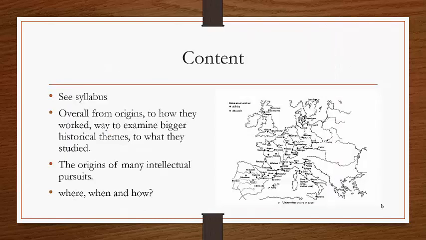Okay, so content, as I've mentioned the syllabus already, I'm sure you found it already, but look at the syllabus for more details on content, deadlines, etc. We're going to look at weekly themes. Now, a lot of these themes are going to overlap with one another and interact with one another.